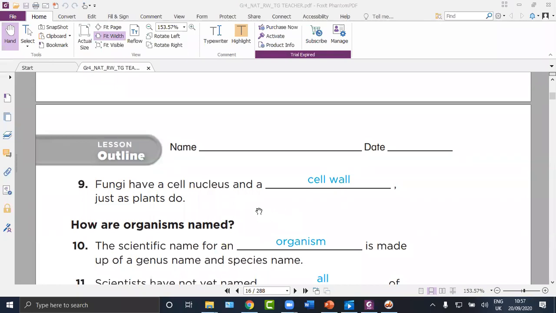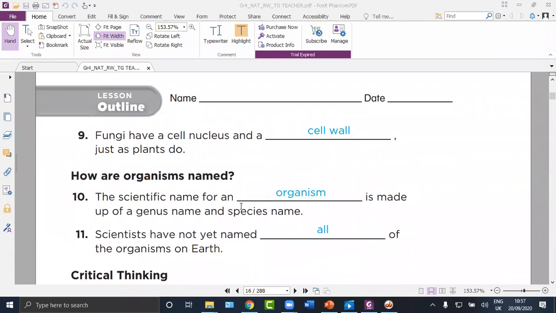Scientists have not yet named all the organisms on Earth. All, because all is the answer. There may be hundreds, thousands, but a lot have no name, not classified. Thank you.